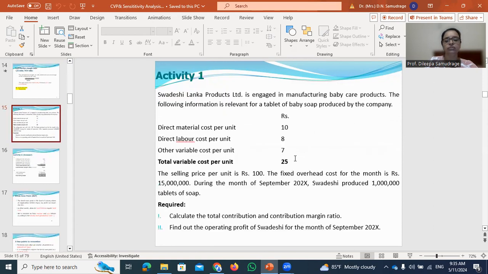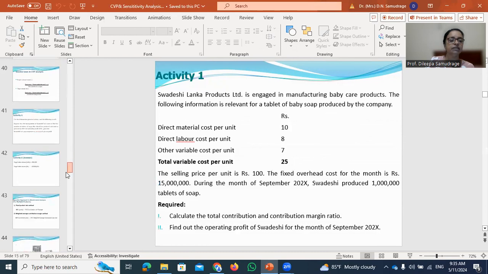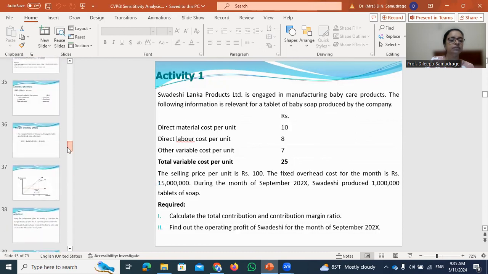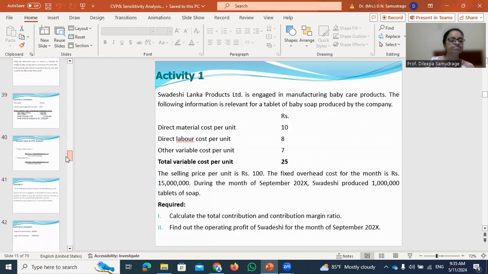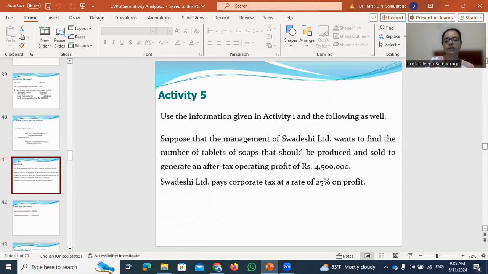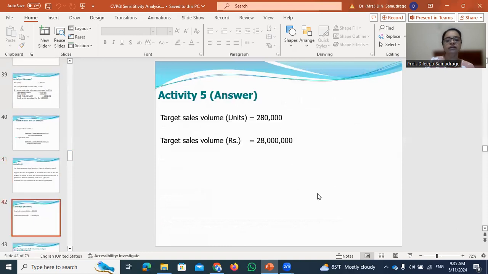Here. So activity 1, the contribution is 75. Fixed overhead 15 million. So 15 million plus within brackets, you have to take 4.5 million divided by 1 minus T, right? Did you get this answer?